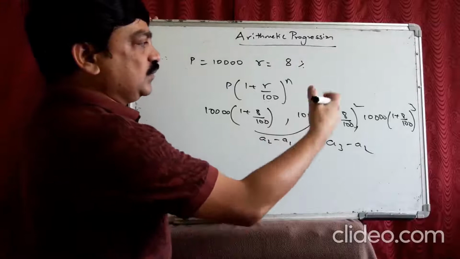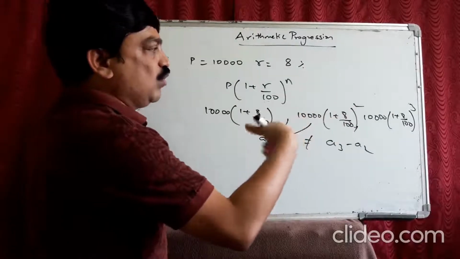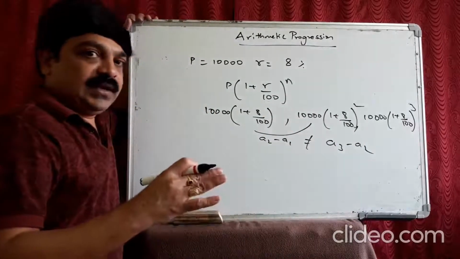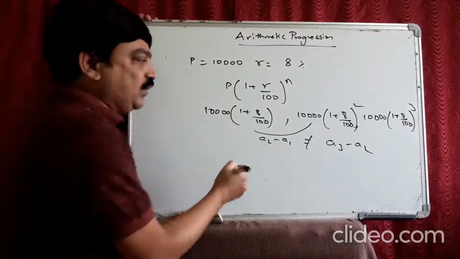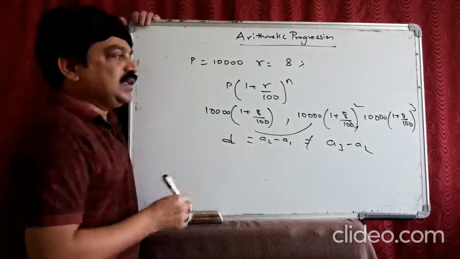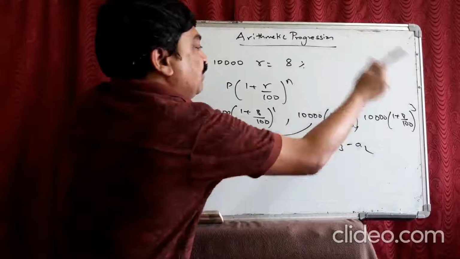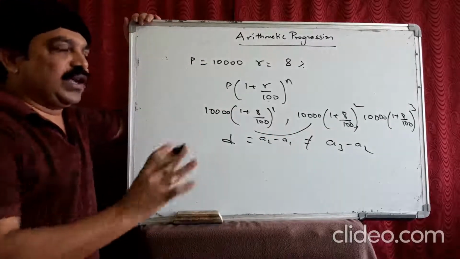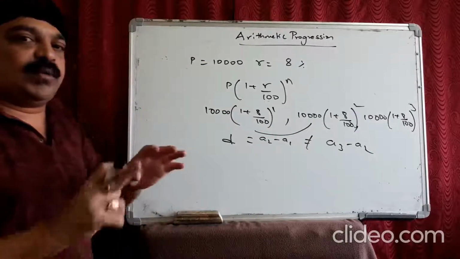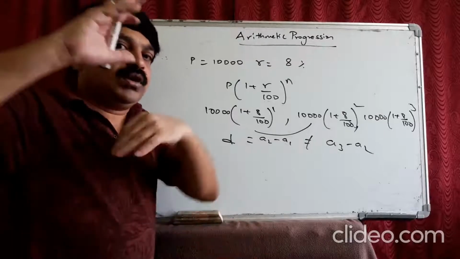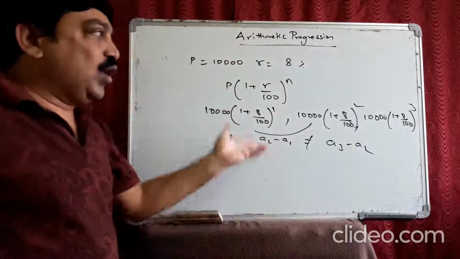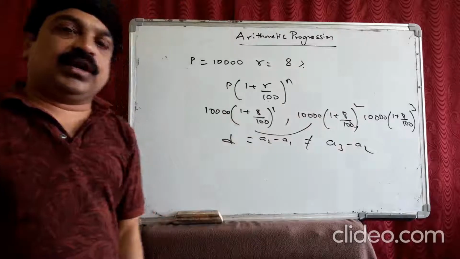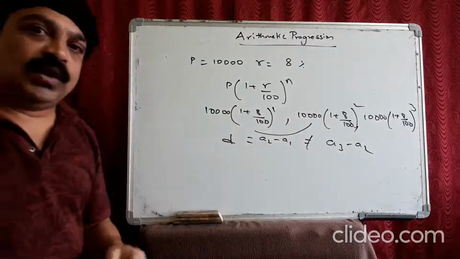It becomes less value, more value, and the difference will not be the same, because it is rising in powers. So no need to do the calculation. You can directly say compound interest will never be in AP, because the power is rising. Or otherwise you can calculate the value and check also. It won't be equal. Okay?